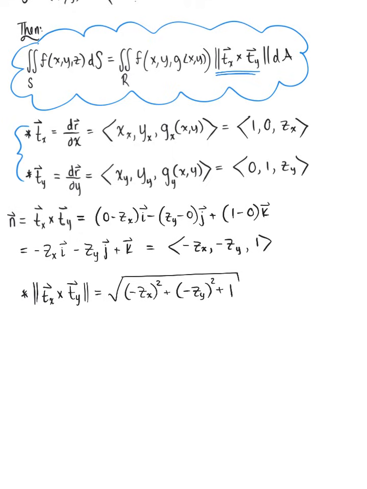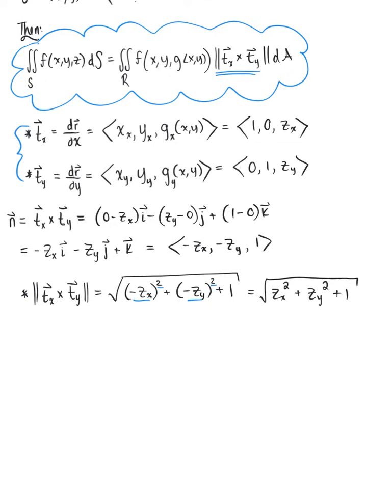And of course, we know anything negative that is raised to an even power, like we see within the radicand, is automatically going to be positive. So we can simply rewrite this as the square root of the partial derivative of z with respect to x squared, plus the partial derivative of z with respect to y squared, plus 1.